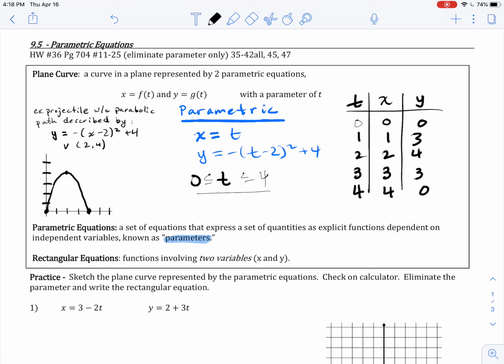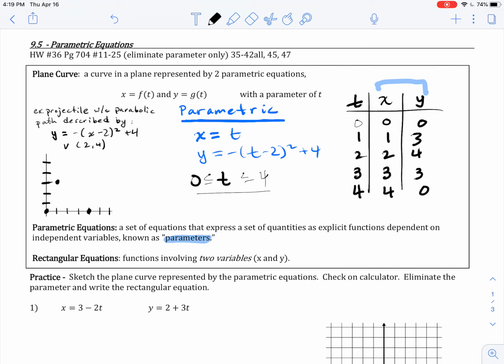Well, we start with our x and y values. We're going to go ahead and just plot those points here. So I'm going to use the same table that we came up with. Okay. So when x is equal to 0, y is equal to 0. So that gives me that first point there. When x is equal to 1, y is equal to 3.